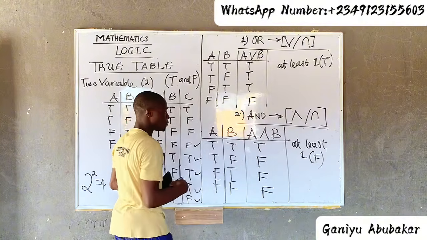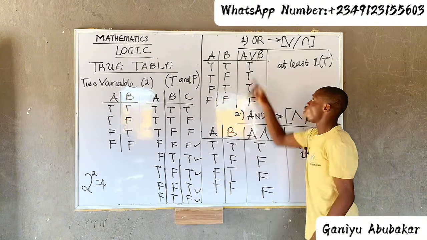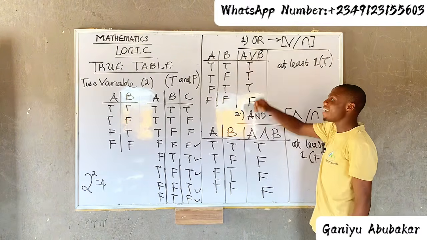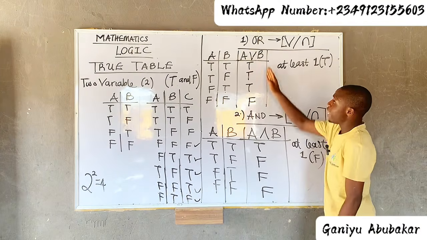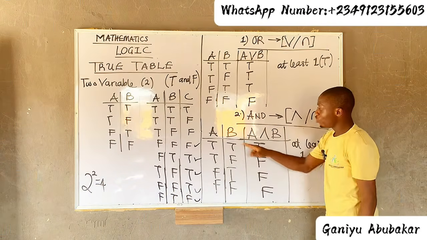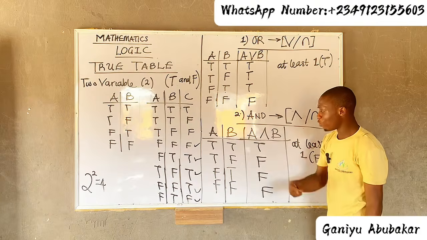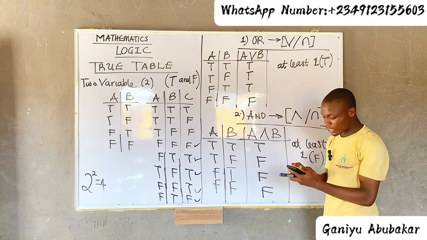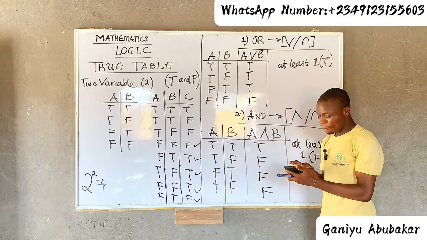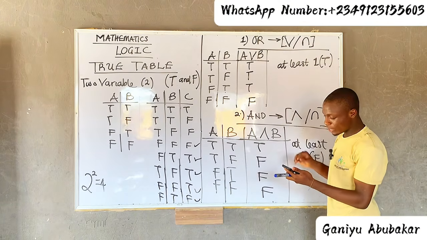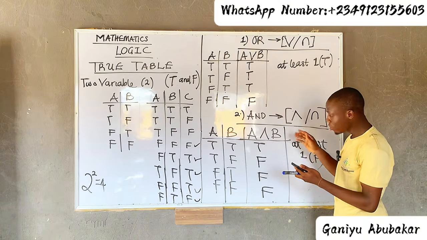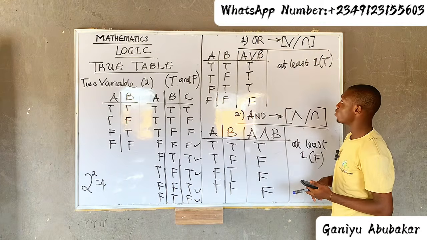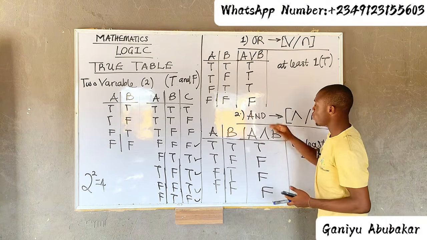False, false. We also give what there? False. Listen. When it comes to or, the task is that if I have at least one true, the end product will be true. For this one here, if I have at least one false, the end product becomes what there? Becomes false. This is how you work with this concept for two variables. So this is the first connective and second connective.